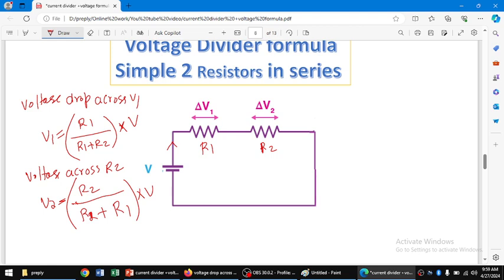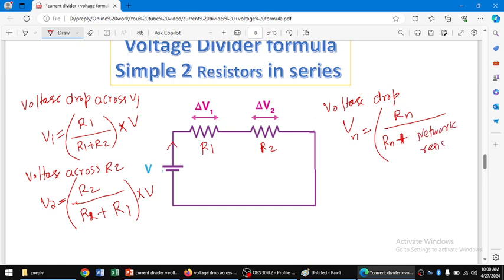So the basic formula is: the voltage drop across any resistor Vn is equal to the value of that resistance Rn divided by the value of that resistance Rn plus the network resistance, the sum of all other resistances in series.